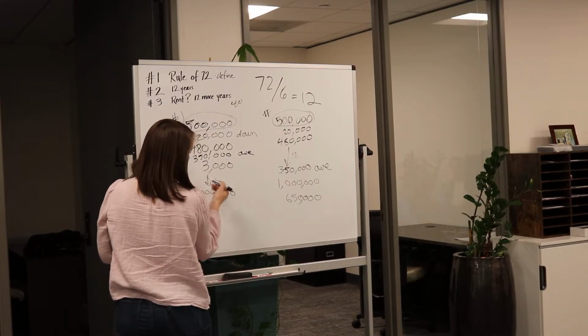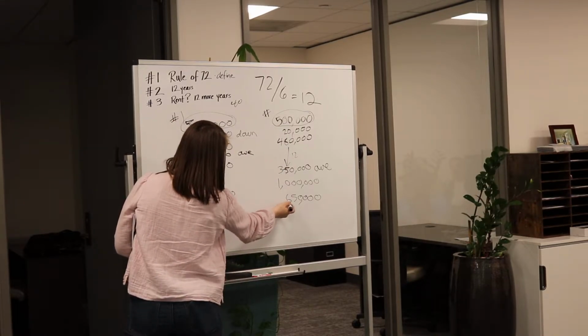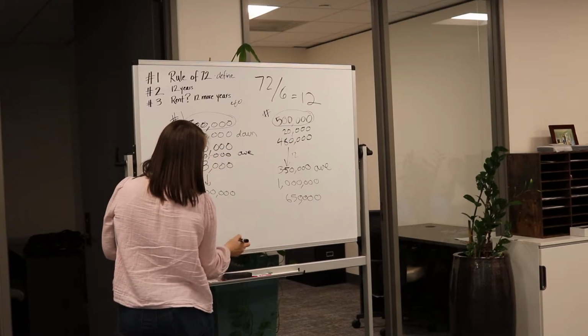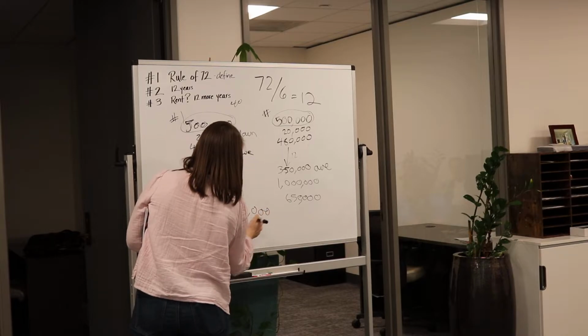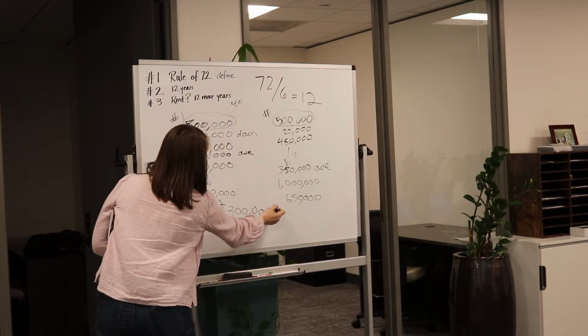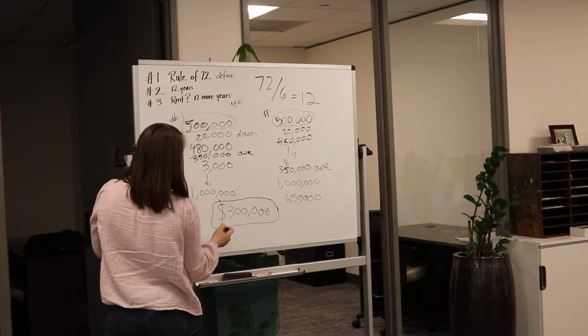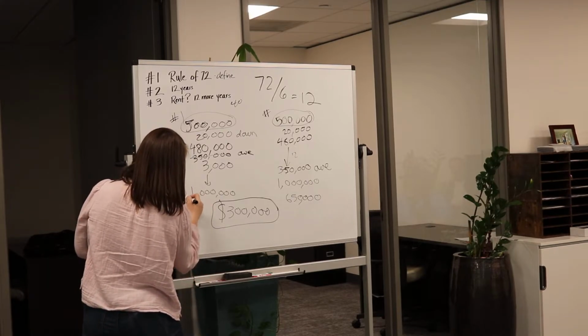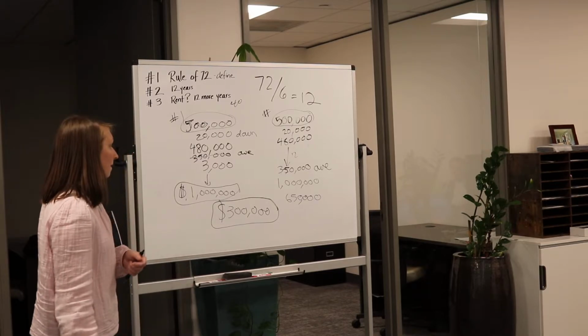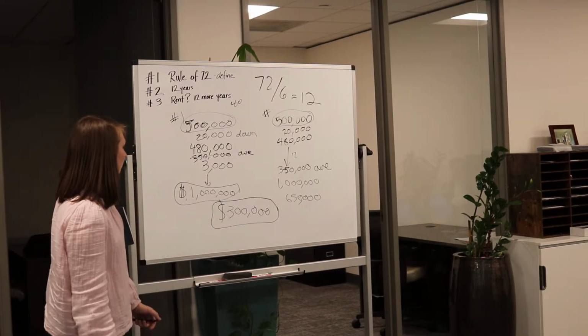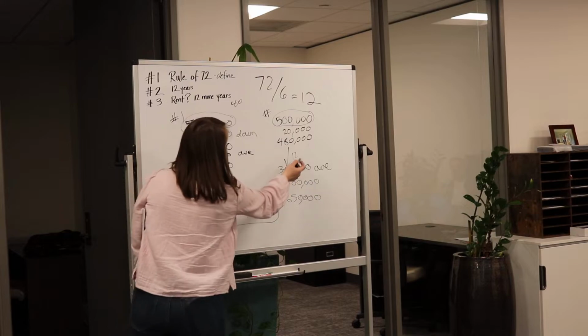Now you can move back into this house if you want. Take your $650, pay that off. So now you have this in your bank account, and you're sitting on a house worth $1 million. And that's after 12 years of just paying this mortgage.